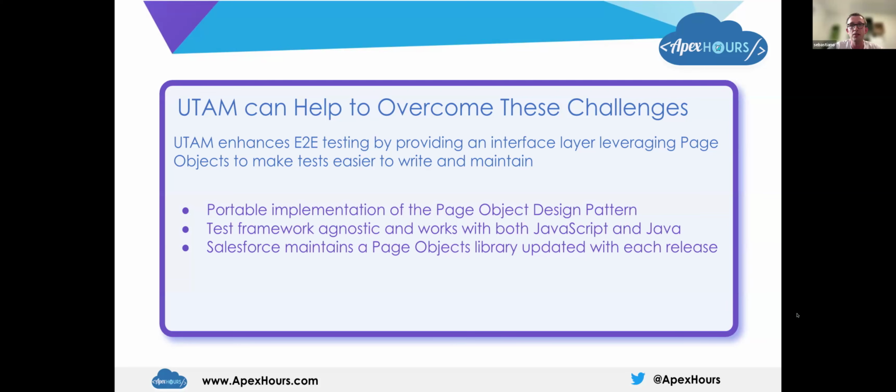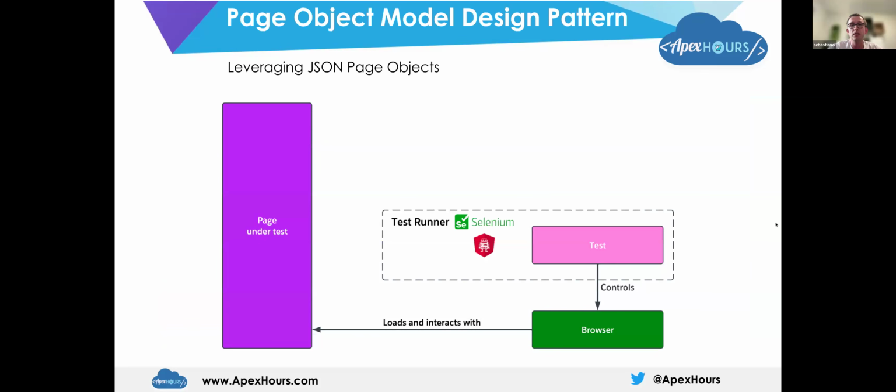And with that said, maybe just jumping to a bit more detail regarding the page object design pattern that UTAM leverages to simplify writing your UI tests. What you see right now is probably what you're used to when you're thinking about writing tests or doing test automation.